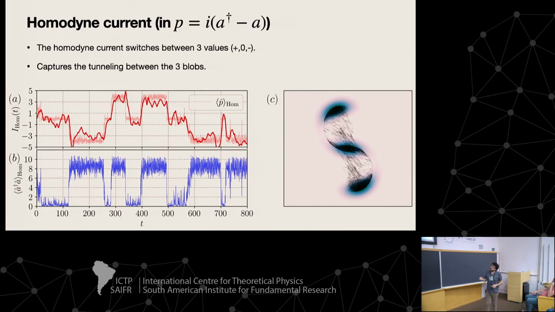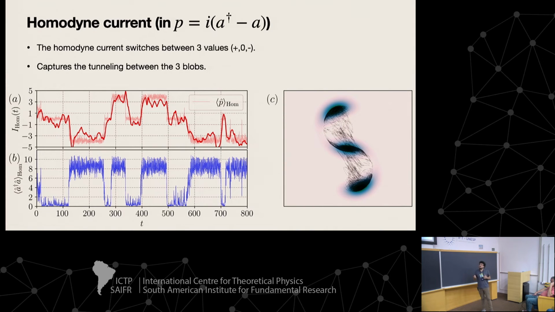Now, this is what you would actually measure in an experiment. You measure a current. This is a filtered current, so we have to run it through a filter to reduce the noise a little bit. But you get something which is essentially a three-state model. It's either around 0, or negative, maybe around -4 or something, or positive, around +4. And so this is fundamentally different from the current that we had before.